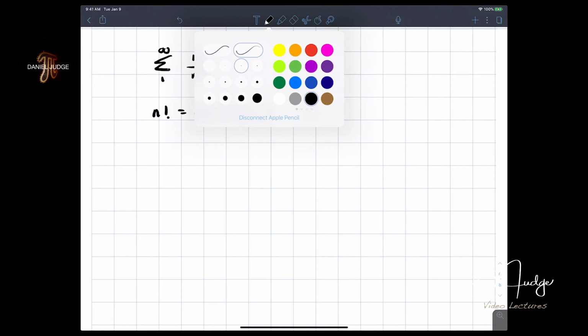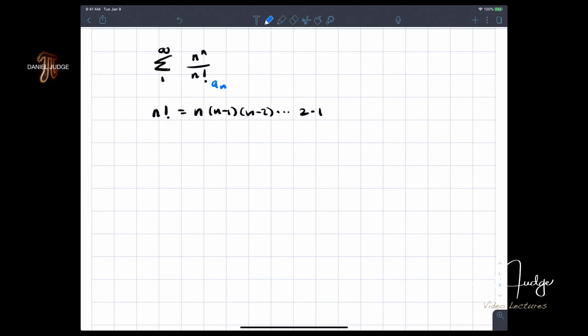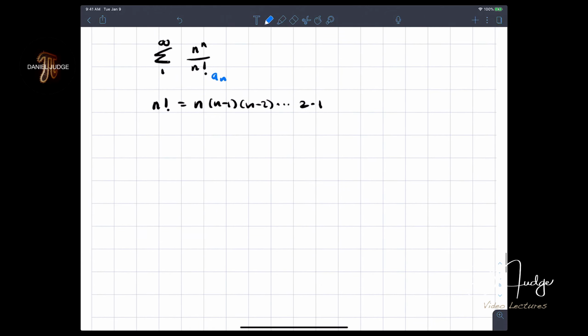Remember, this is the a_n term. And we need the ratio. We need the next term, a_n plus 1. So since a_n is n to the n over n factorial, the next term, replace n with n plus 1. And that's how we get the a_n plus 1 term.